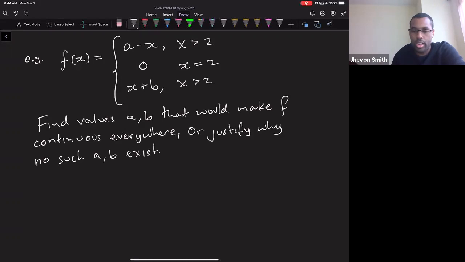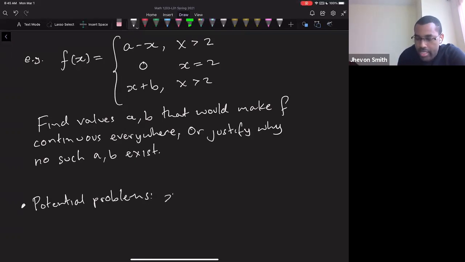So how you'd go about this is, again, you identify potential problems. Now, obviously, x equals 2 is a problem because I'm one thing to the left of 2, and I'm another thing to the right of 2, and I'm another thing at 2.